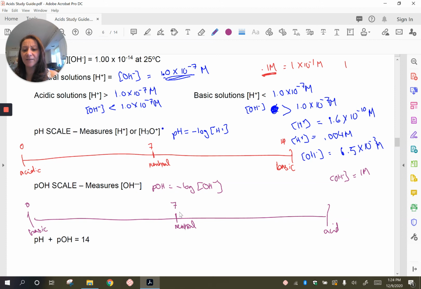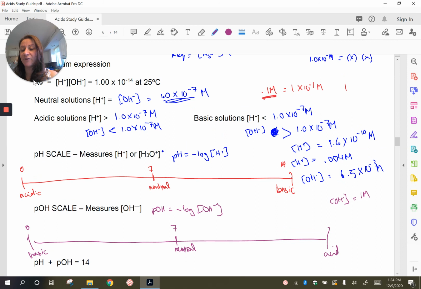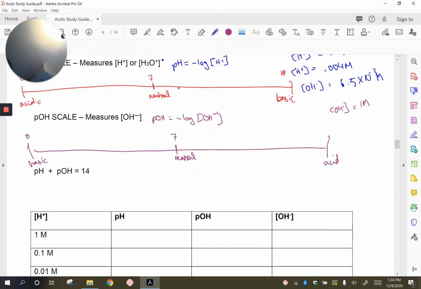If you were to add the pH and the pOH of a substance together, it's going to equal 14, always. Same thing as if you take the H plus concentration times the OH minus concentration of any solution, it's going to be 1.0 times 10 to the negative 14. So let's write that down. H plus concentration times OH minus concentration for any solution is equal to 1.00 times 10 to the negative 14.